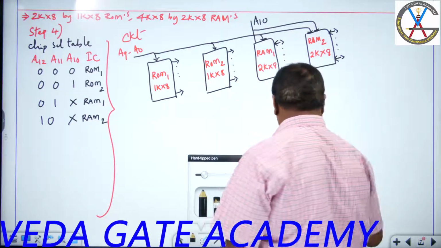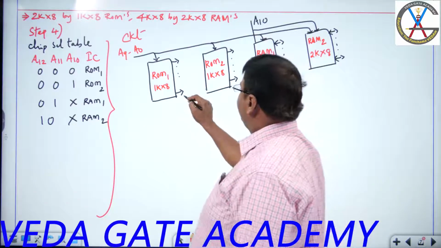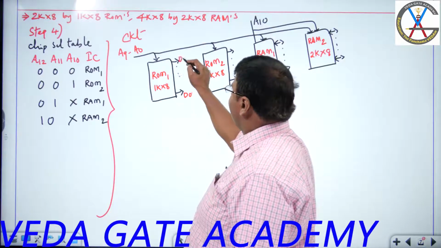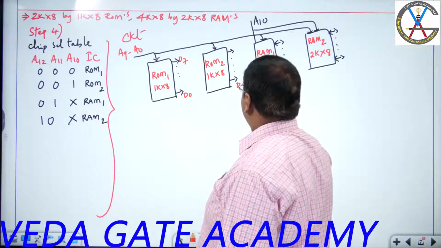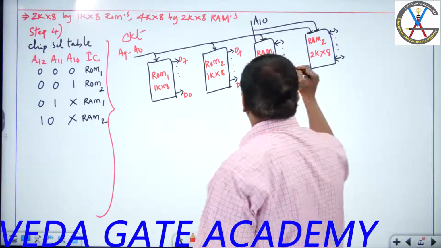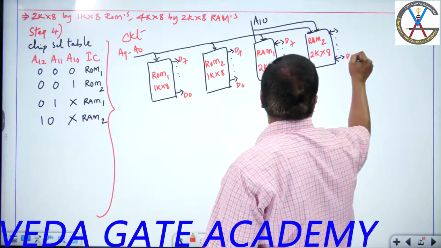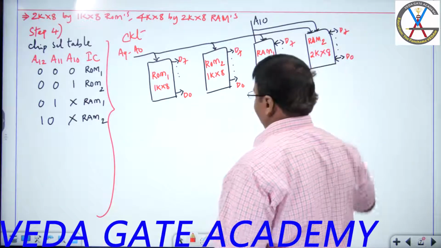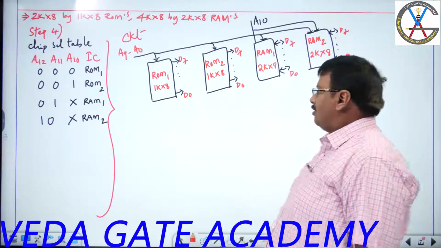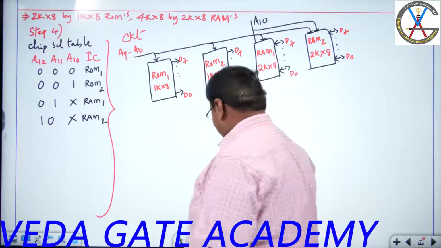Data notation D0 to D7, D0 to D7, D0 to D7, D0 to D7. Correct?